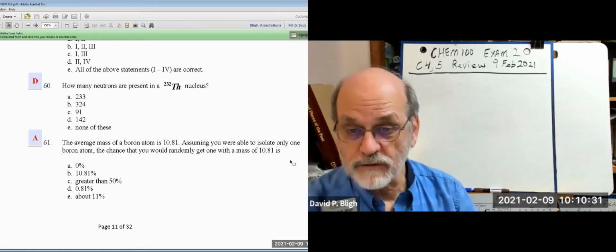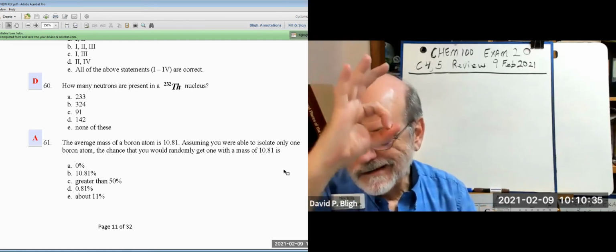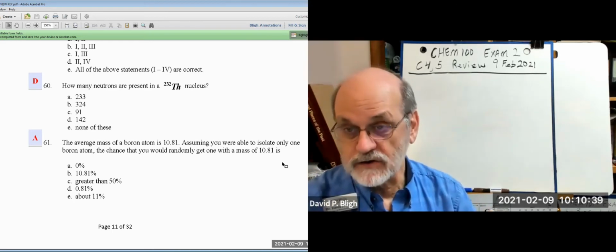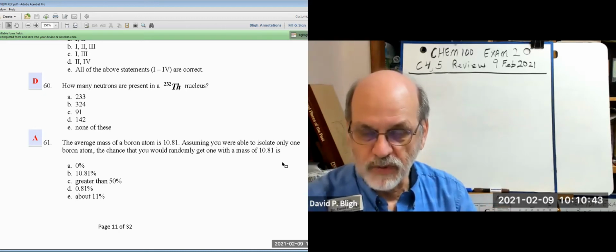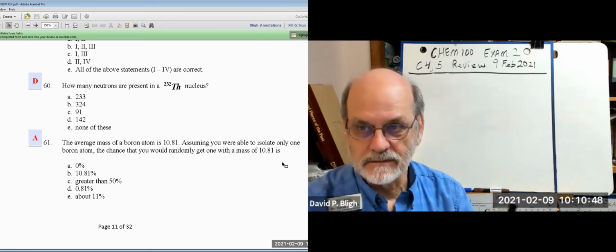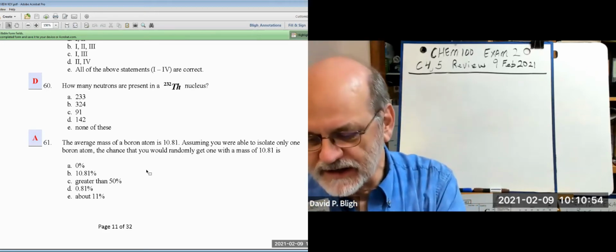How likely are you to find an atom with that mass? 0%. That is a weighted average of the naturally occurring abundance of isotopes of boron. It does not represent a single atom. That's kind of a trick question, actually. Just see if you're paying attention.